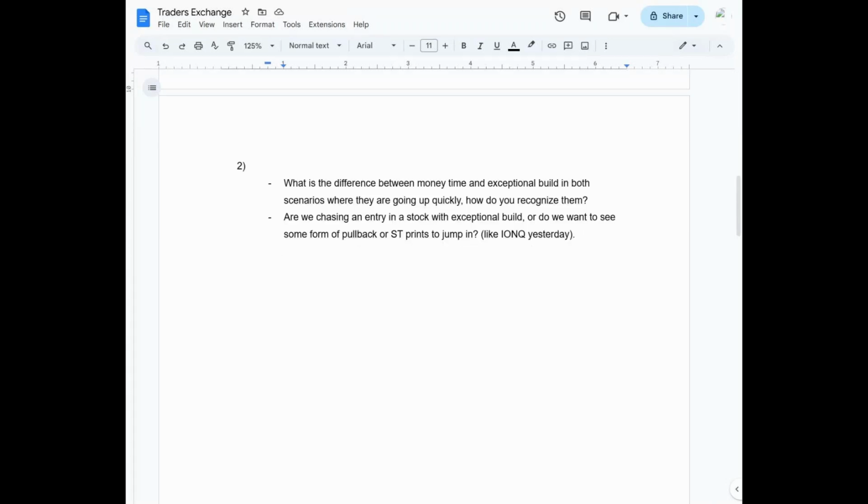What is the difference between money time and exceptional build in both scenarios where they are going up quickly? How do you recognize them? Simple. Money time is releasing a position to get to its target.